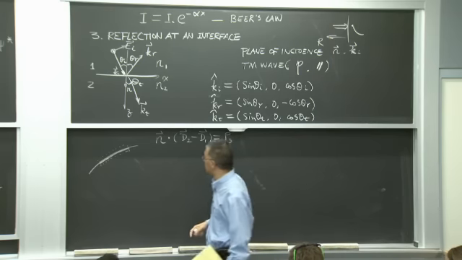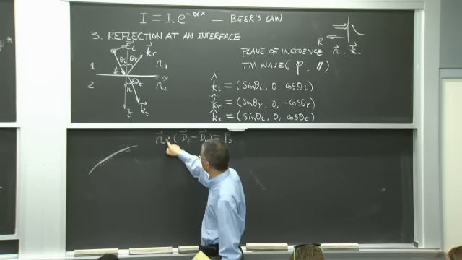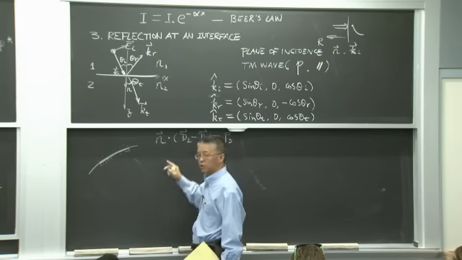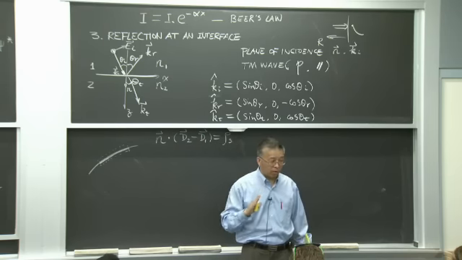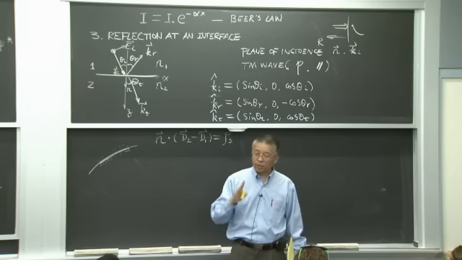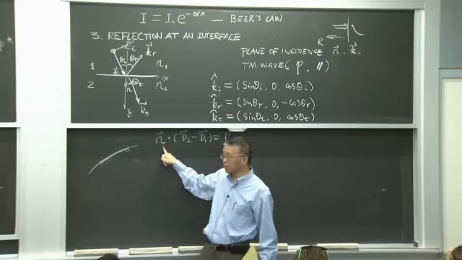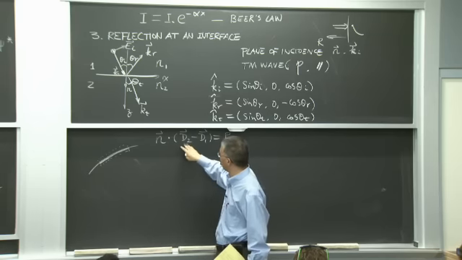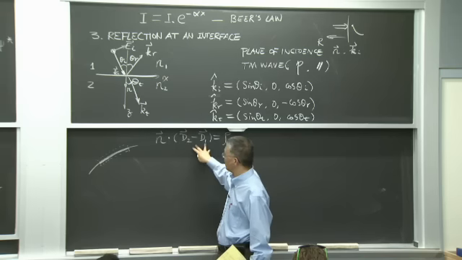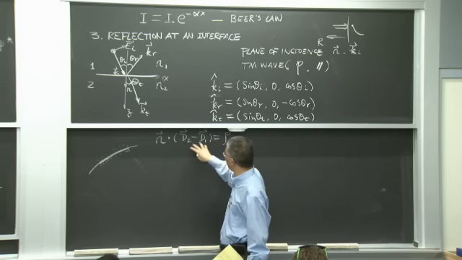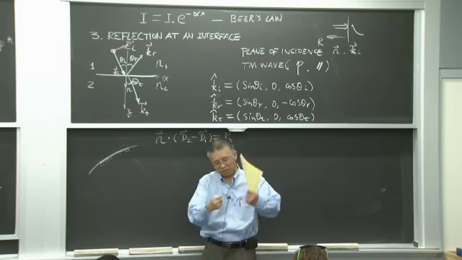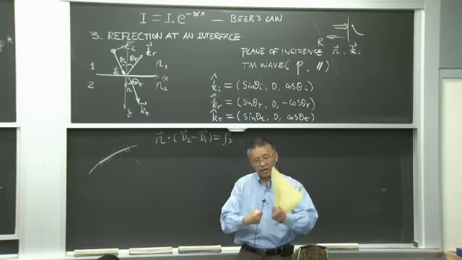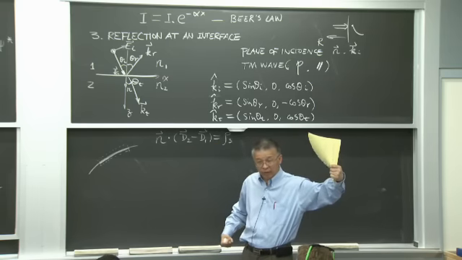In that case, your surface charge is not 0. The n dot product means the vertical component, the component perpendicular to the interface, because this is the n direction and this is parallel to the n direction. So basically, the difference in the displacement field is the surface charge, because each surface charge adds a Coulomb field on top of it.